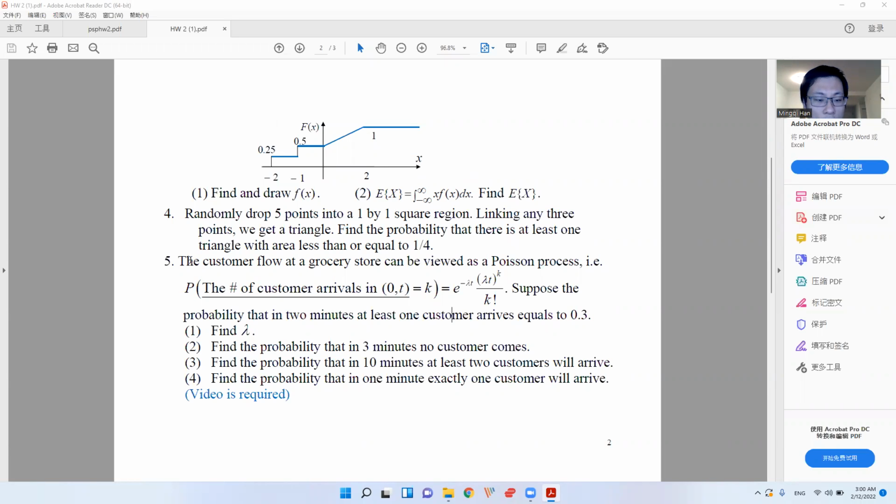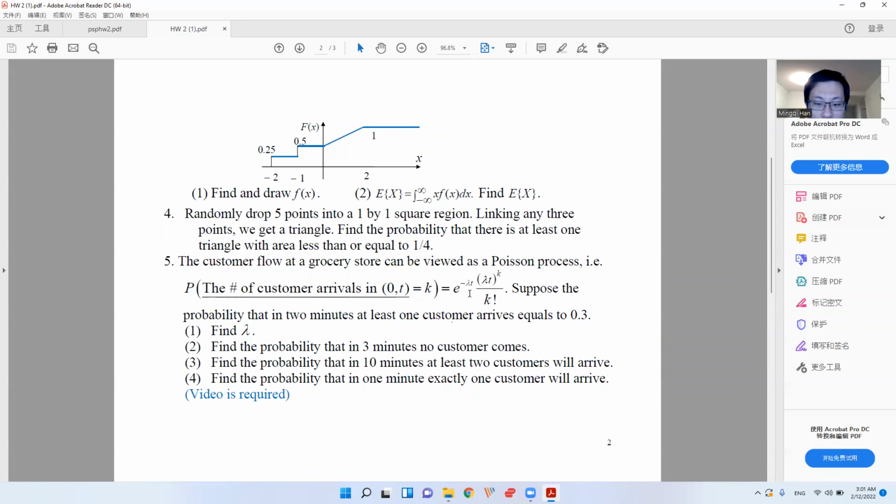So in this question, we are given a situation of analyzing a grocery store's customer flow, and it is given as a Poisson process. So this part is already given.